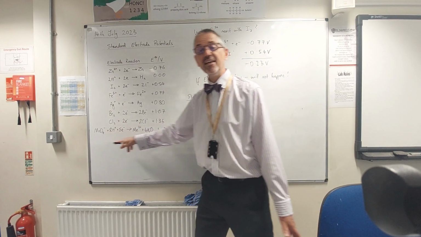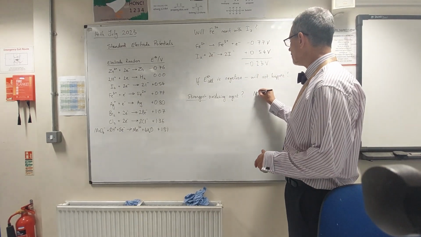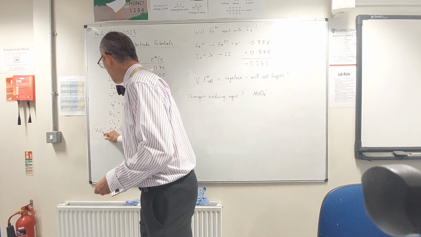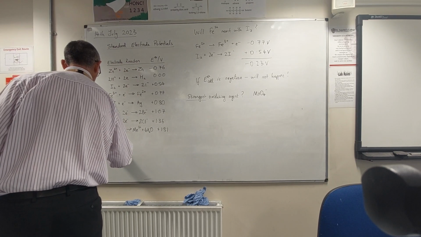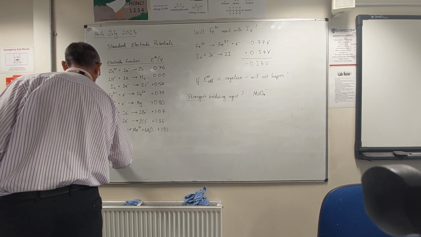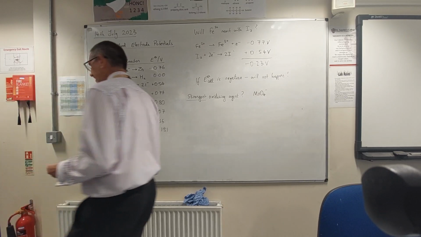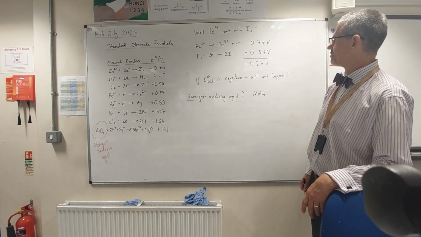So permanganate is the stronger oxidizing agent. So on that table, down there in the bottom left, is our strongest oxidizing agent. Remember, oxidizing agents are reduced, so they're gaining electrons.